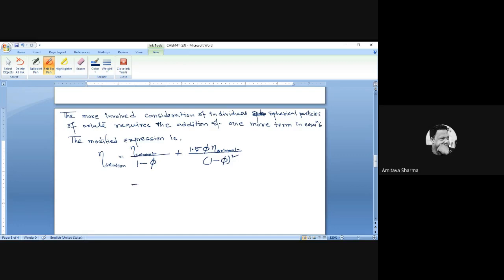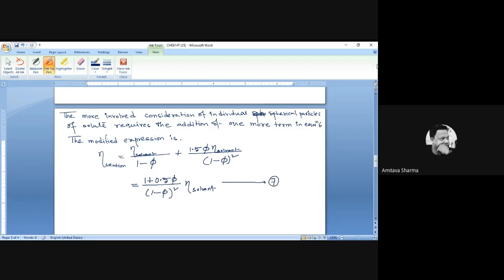So this is the relation that we can develop from there. Okay, so this is our equation 7.